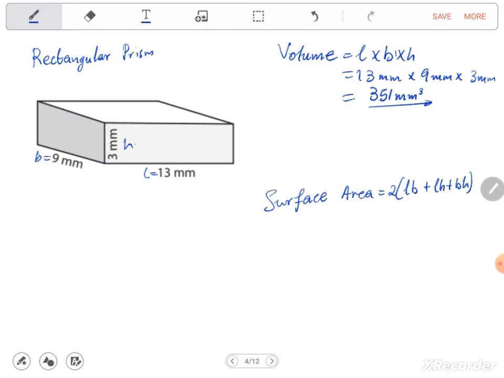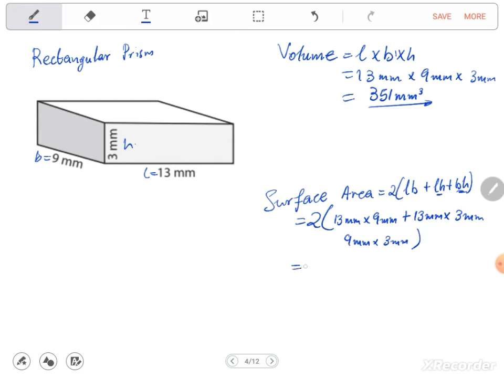Surface area is equal to 2 into length times breadth plus length times height plus breadth times height. So we are substituting: the length is 13 millimeters multiplied by the breadth of 9 millimeters, plus 13 millimeters multiplied by the height of 3 millimeters, plus the breadth of 9 millimeters multiplied by the height of 3 millimeters.